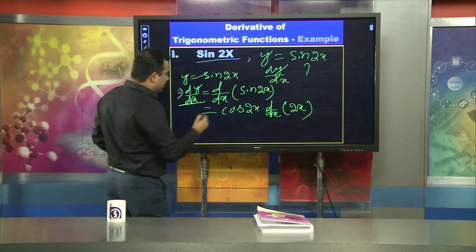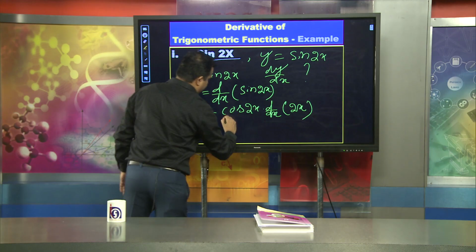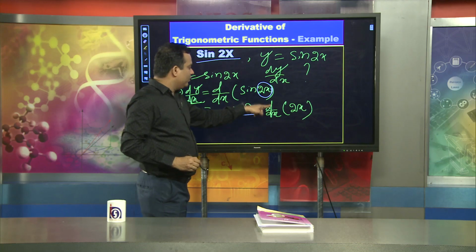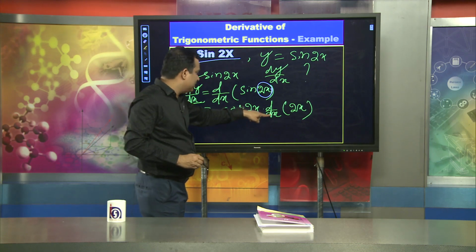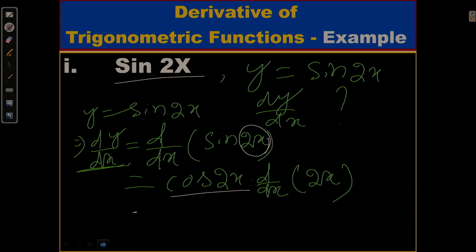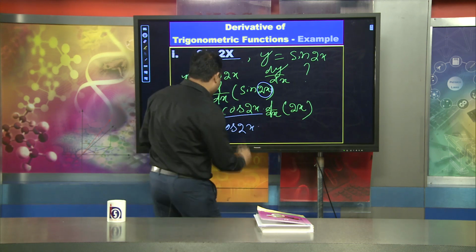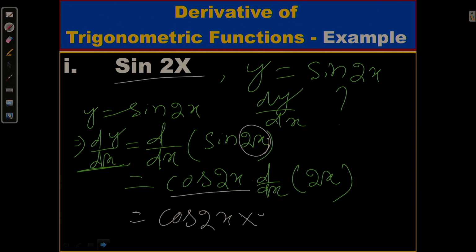Now you will get sin 2x derivative equal to cos 2x, and d of dx of 2x, because we are going to find with respect to x. Now we will find cos 2x, and you know that the derivative of 2x is 2, so I can write cos 2x into 2, or simply 2 cos 2x.